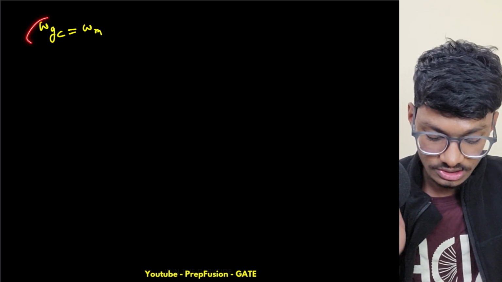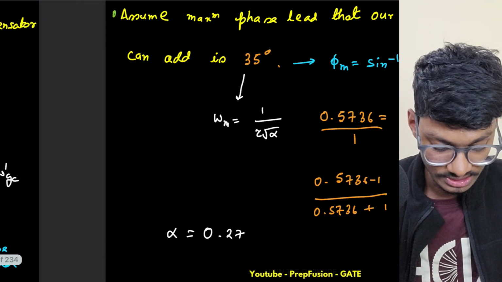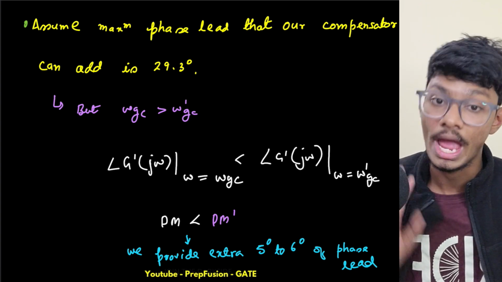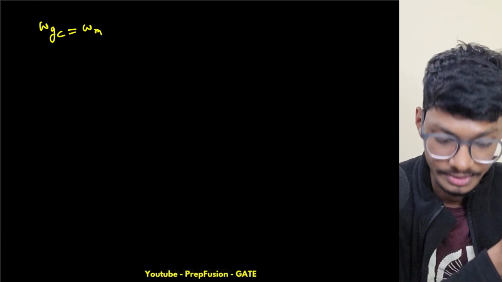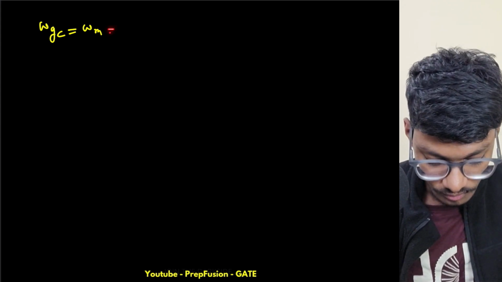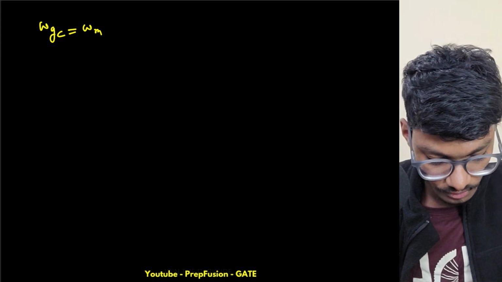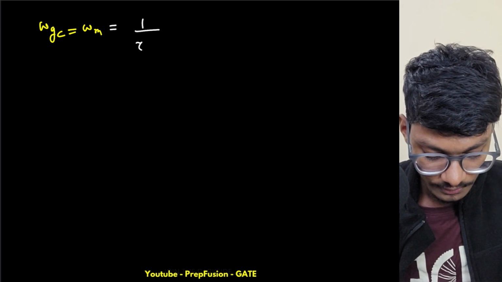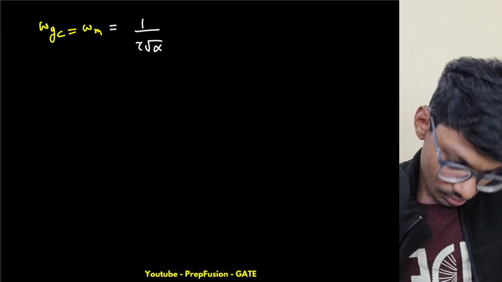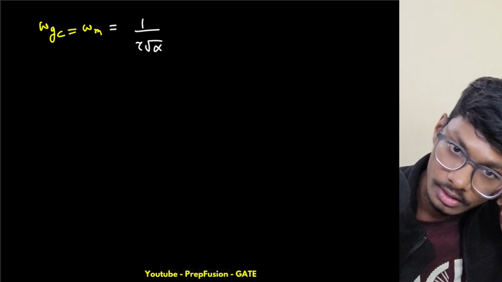Now this omega gc is not my omega gc dash, because omega gc dash was without the compensator. Now I have the compensator, I have to accommodate the gain of that compensator also. So this equals 1 by tau under root alpha.